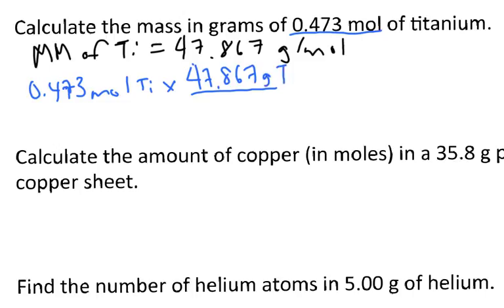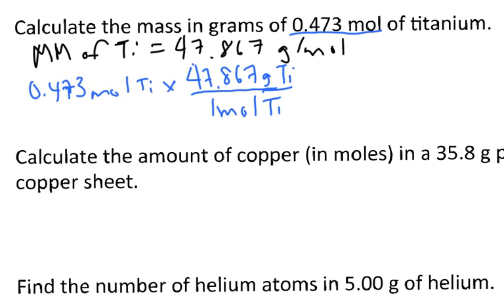So one thing that's really important when you're using molar mass is that you need to label really well. So you need both the unit that you're using as well as the chemical symbol. So if you notice when I wrote this here, I have 47.867 grams of titanium over 1 mole of titanium. So please always write it like that.